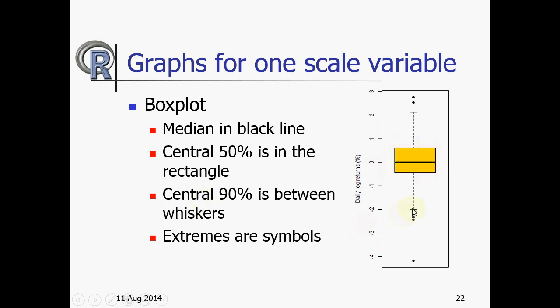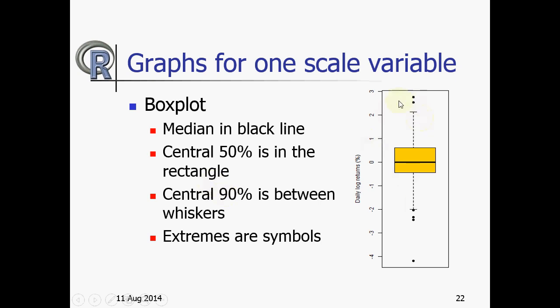The whiskers, which are this thing here, these are called whiskers, determine the central 90%. So you can be sure if you buy 3M company at Nasdaq during 2011 that your daily log return stays between -2 and +2 with a 90% probability.